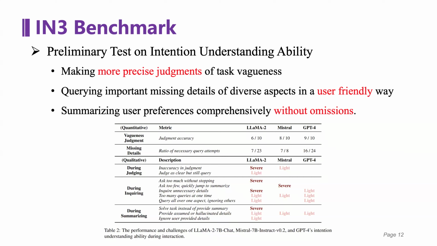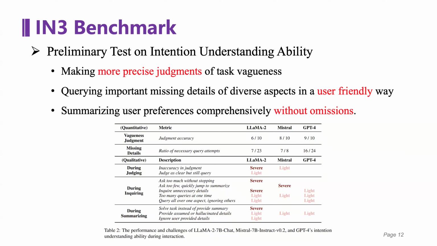So these are some observations we get. We summarize them into text in the three bullet points we show here. We want the model to make more precise judgments of task vagueness, and to query more important missing details of diverse aspects in a more user-friendly way.